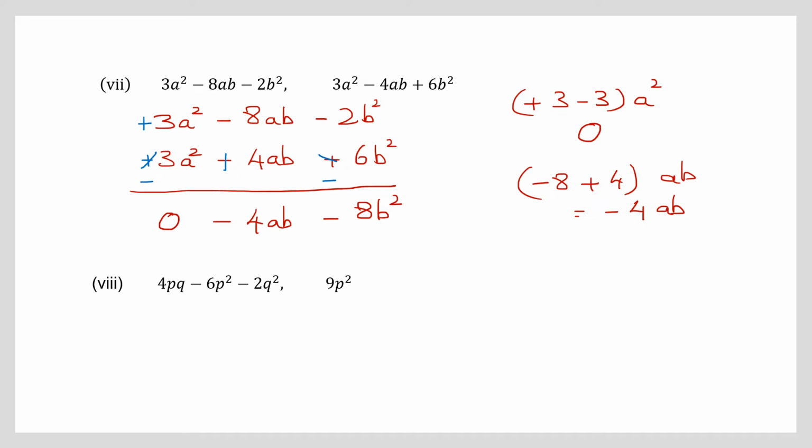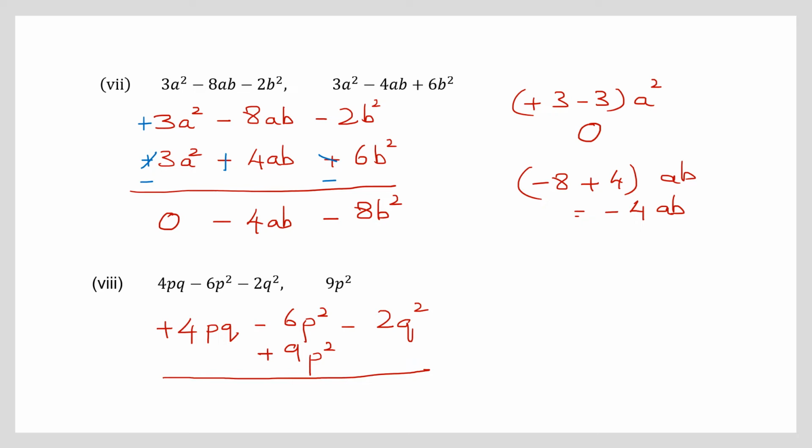Eighth one. So it is 4pq minus 6p square minus 2q square. Let's go to the second expression. We have only 9p square. Let me put it here. 9p square. So first thing, let's put all the signs and the numbers. Plus, plus. Since it's subtraction, the signs for the second row will change.